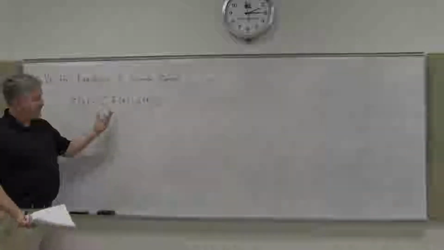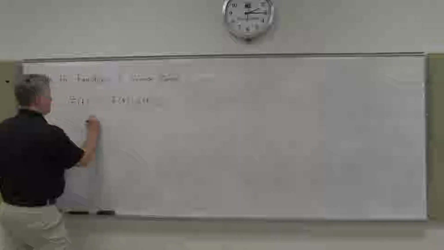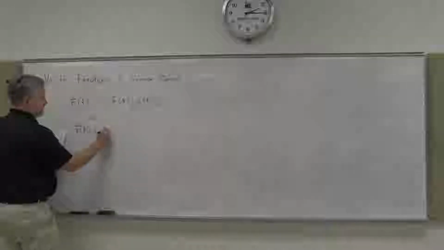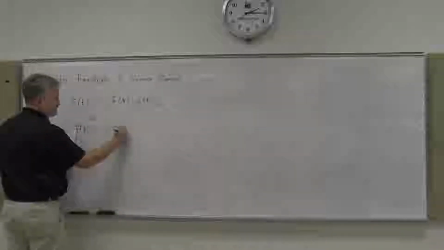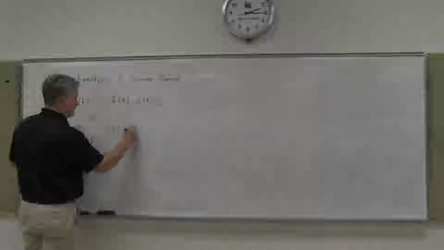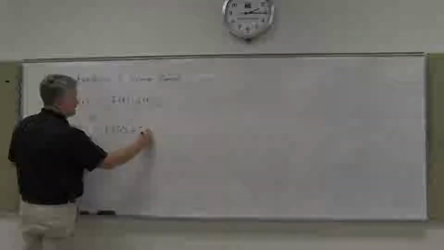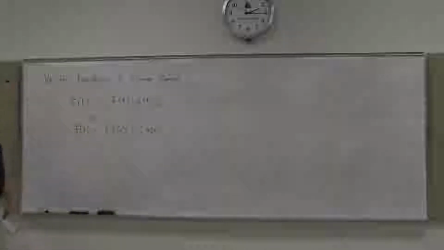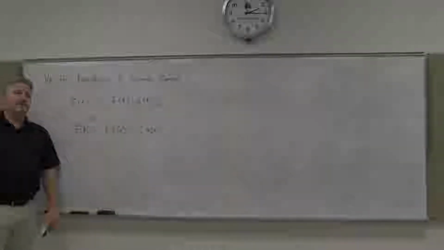We could write the vector function as i times f of t, or f of t times i plus, in this case, just j. We'll use those interchangeably. I think most of the time you see it with this notation. But that would be a two-dimensional vector function.